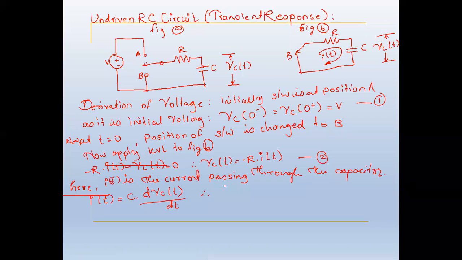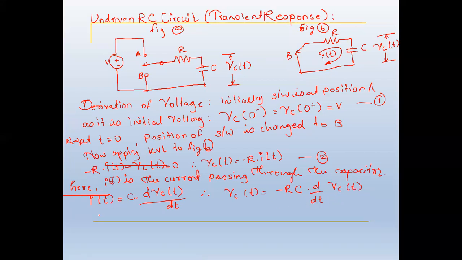Therefore, the same equation can be written as Vc of t is equal to minus RC into d by dt of Vc of t.